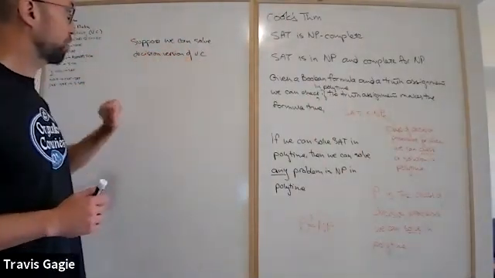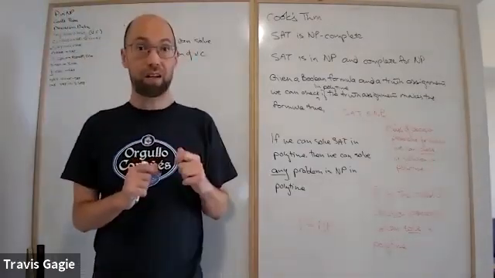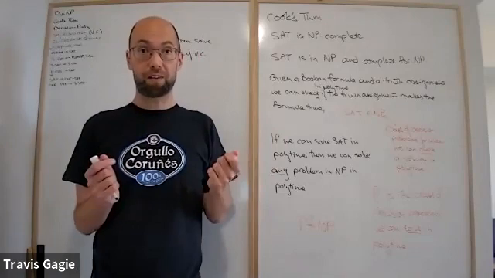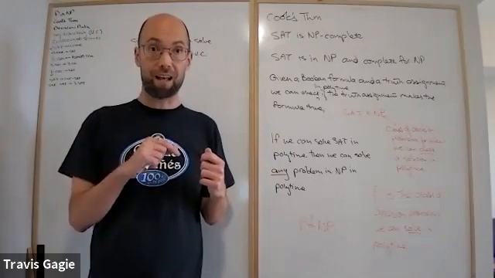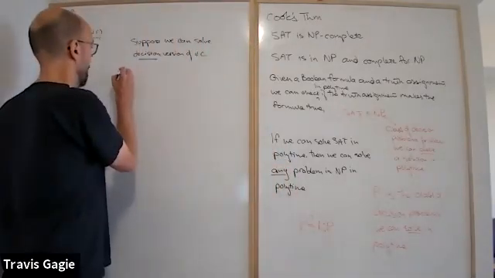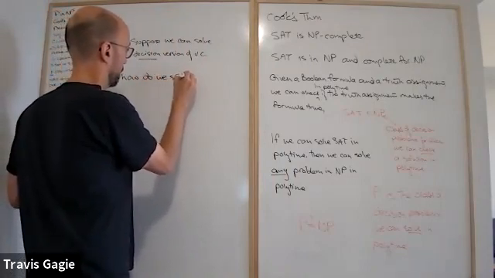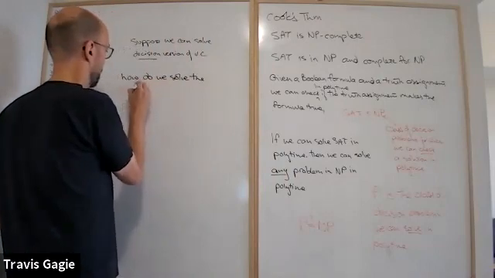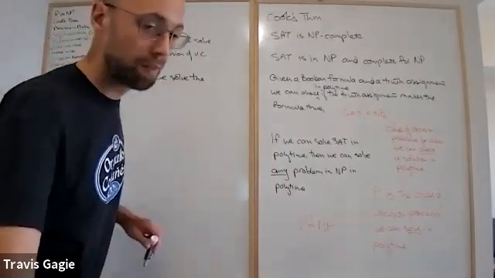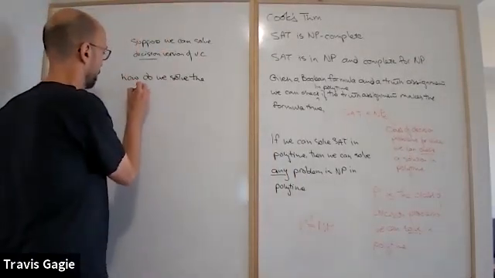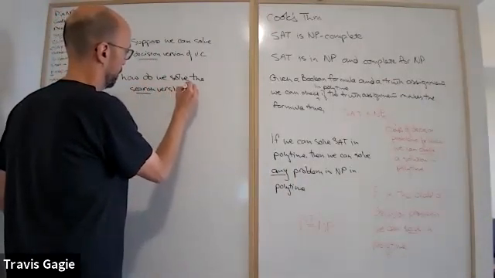Suppose that we can solve the decision version, the decision version of vertex cover. So if somebody gives us a graph and a K, we can say in polytime whether or not the graph has a vertex cover of size K. Now, how do we solve the search version of vertex cover?